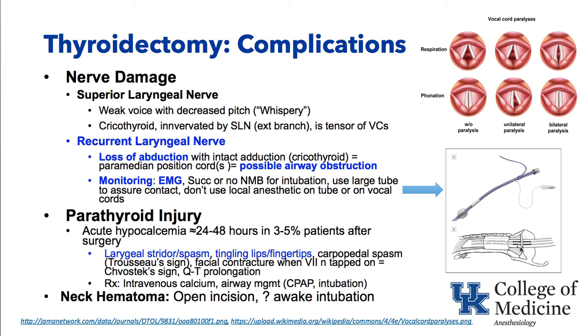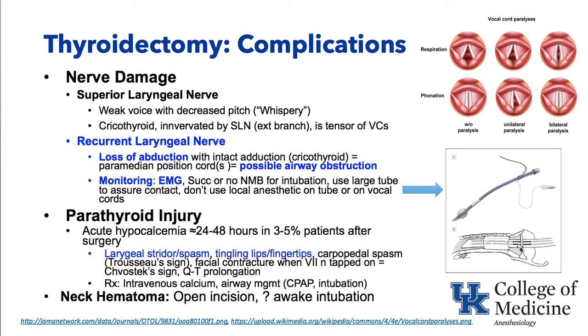Usually the patient will complain of, ooh, my lips are tingling, my fingertips are tingling. If you blow up a blood pressure cuff on their arm, their hand spasms, and if you tap on the side of their forehead, you can get spasm of the orbicularis oculi, Chvostek's and Trousseau's sign. The treatment is intravenous calcium, and laryngeal stridor and spasm may require CPAP or intubation.